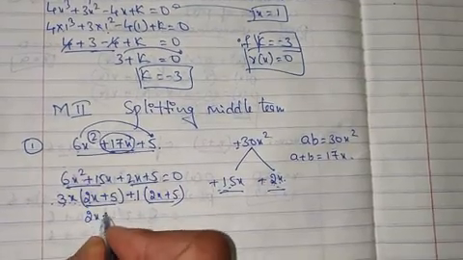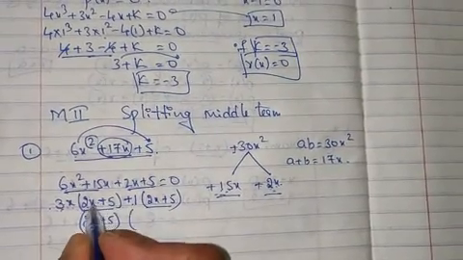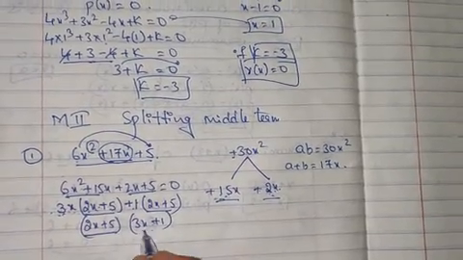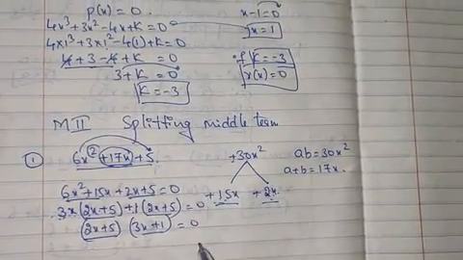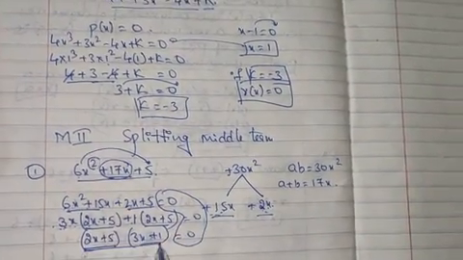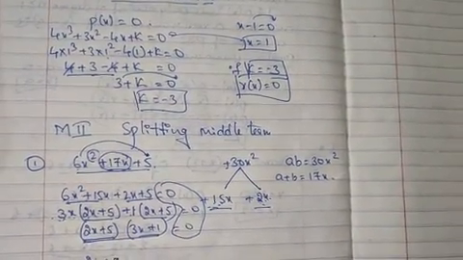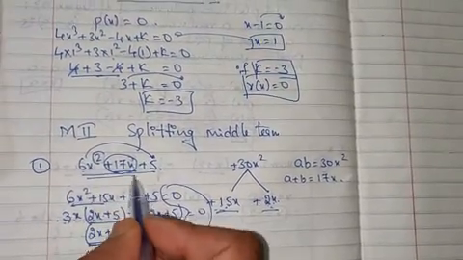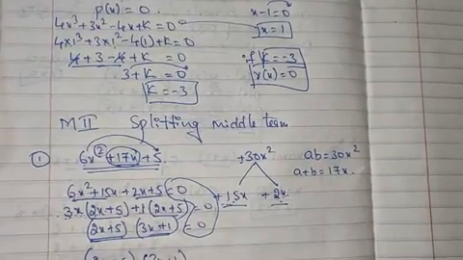You can take them out, 2x plus 5. What remains here? 3x. What remains here? Plus 1. So these two are the factors. If we are solving, we can set it equal to 0, or you can just say that 2x plus 5 and 3x plus 1 are the factors of 6x square plus 17x plus 5.